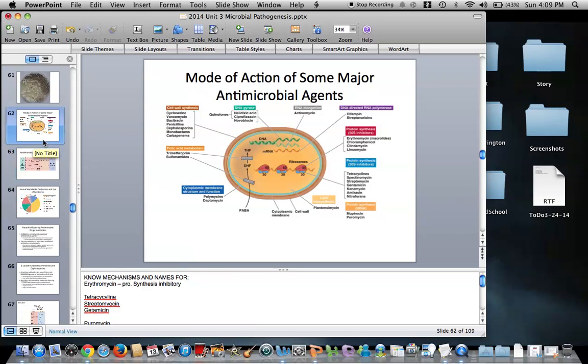Alright, so here's some mechanisms of action. These I'm going to have to know. So tetracycline, which works by, I'm going to guess, protein synthesis. Okay, so tetra means 4.